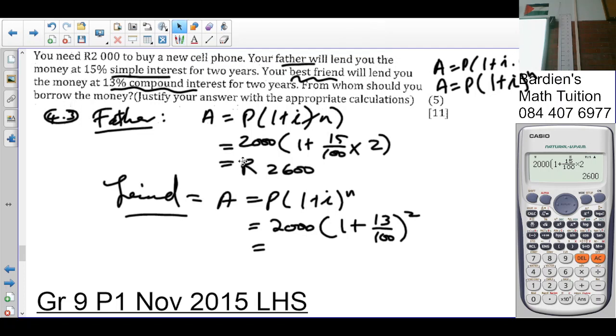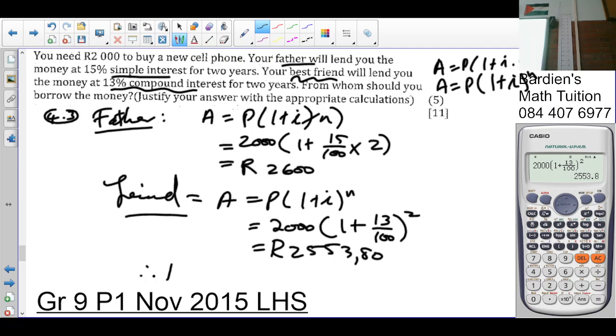Okay, so that's going to give us 2,000 into 1 plus 13 over 100 to the exponent 2. That gives us 2,553 rand and 80 cents. So the question is, from whom should you borrow the money?